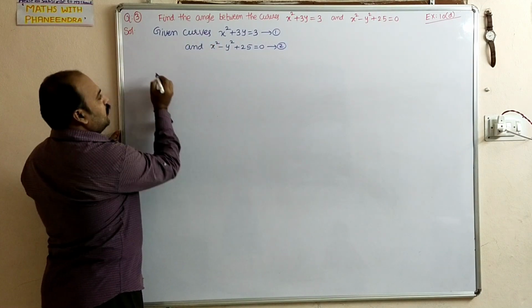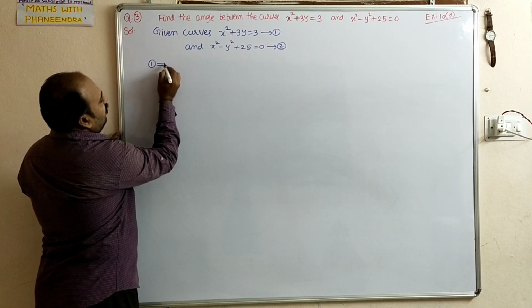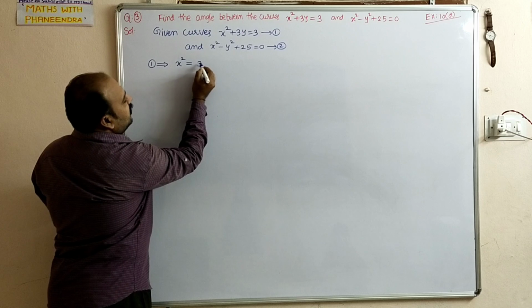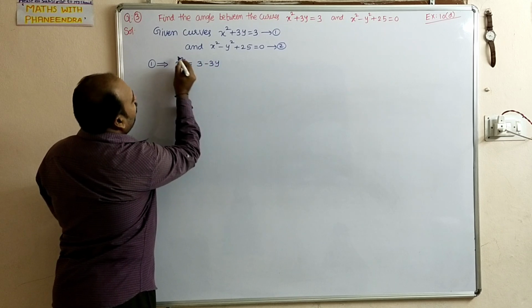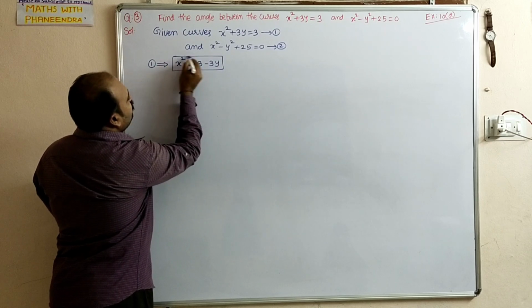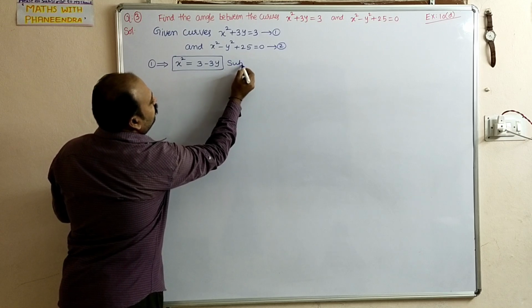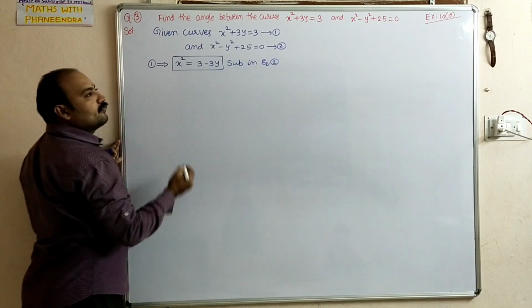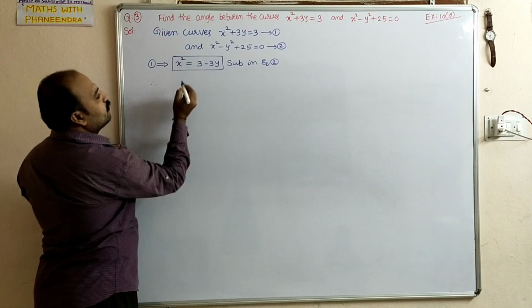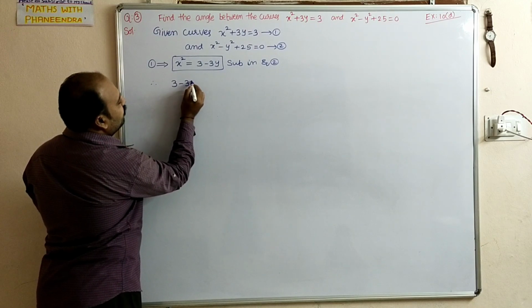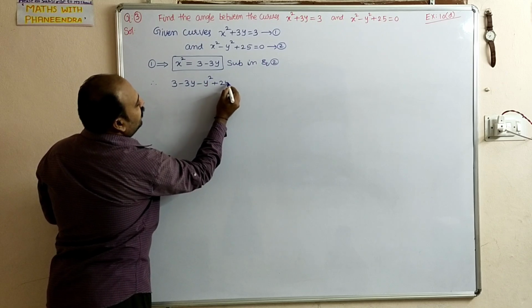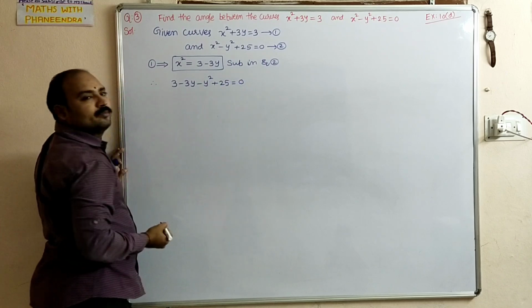From equation 1, make subject x square value. We can write it as 3 minus 3y. This value substitute in equation 2. Therefore, 3 minus 3y minus y square plus 25 equal to 0.